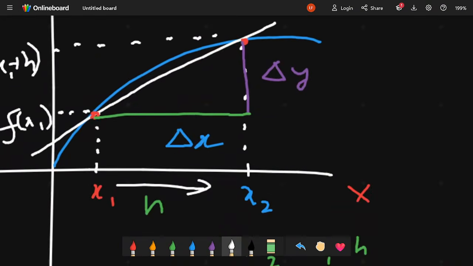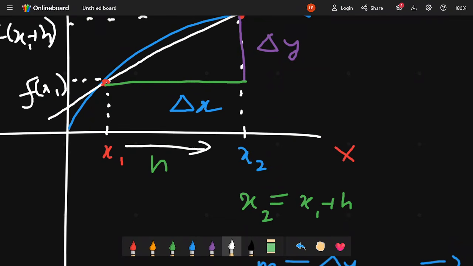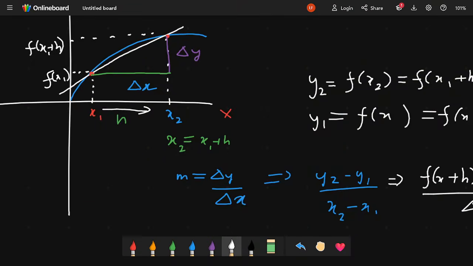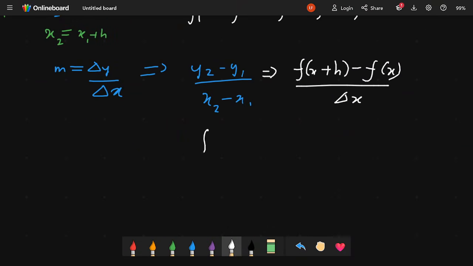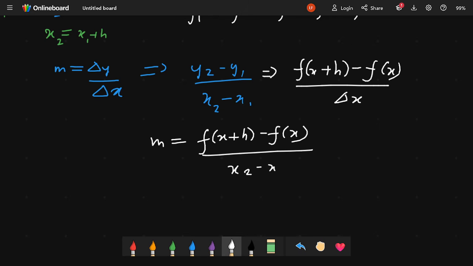You can observe that change in x is x2 minus x1. What is x2? x2 is x1 plus h, so let's write that down. So f of x plus h minus f of x, this is m, where delta x is x2 minus x1.